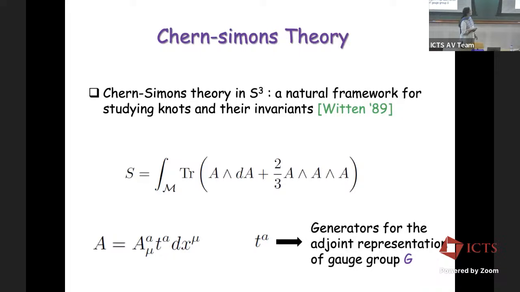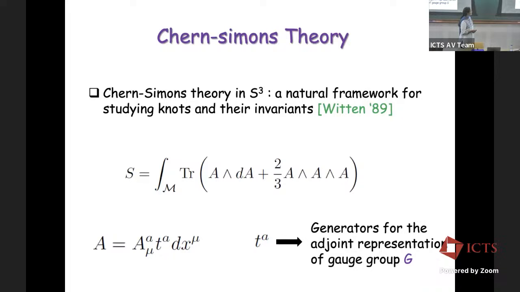To start with any field theory, we have to give an action. Action on any three-manifold. Now we'll confine to S3, but in principle you can write it for any three-manifold. It is a 3-form on a three-manifold. You can explicitly write it out, and you can also use gauge groups here. The A could belong to any compact semisimple gauge group.